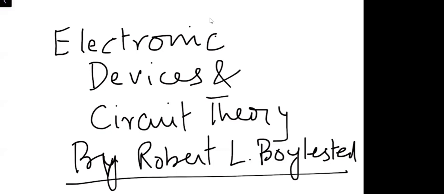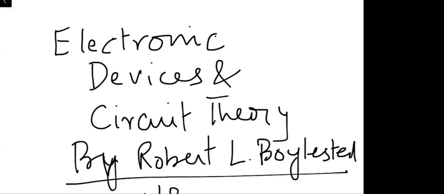Any edition, if you get hold of it, is good and works fine, because the point is to have an understanding of the things, or rather the memorization of the things. So this is the book, Electronic Devices and Circuit Theory by Robert L. Boylestad. We will be following the 10th edition.